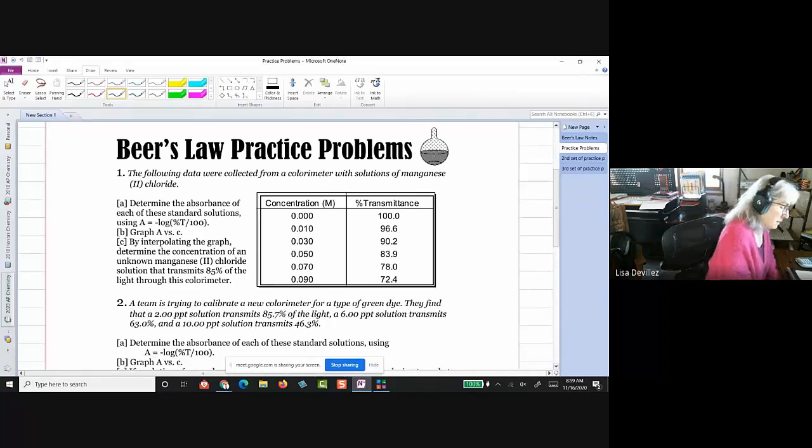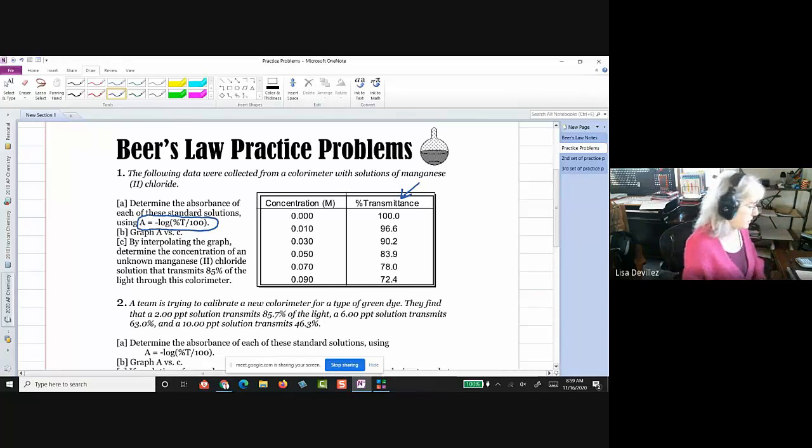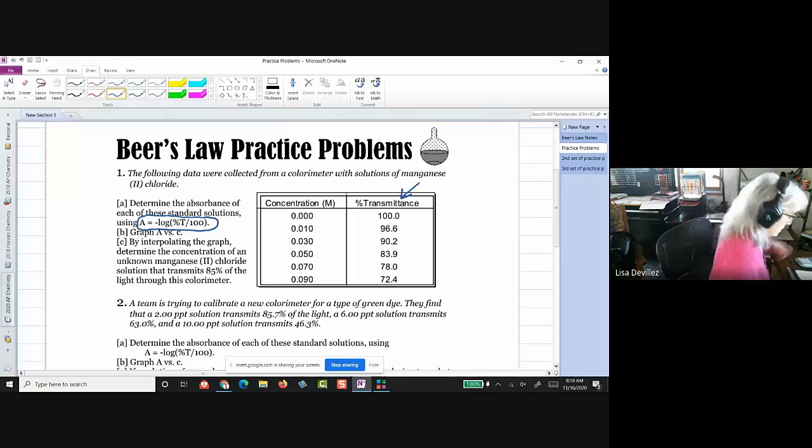Okay, now sometimes instead of absorbance, they give you transmittance. If you get that, then this is the equation that we use to get from transmittance to absorbance.